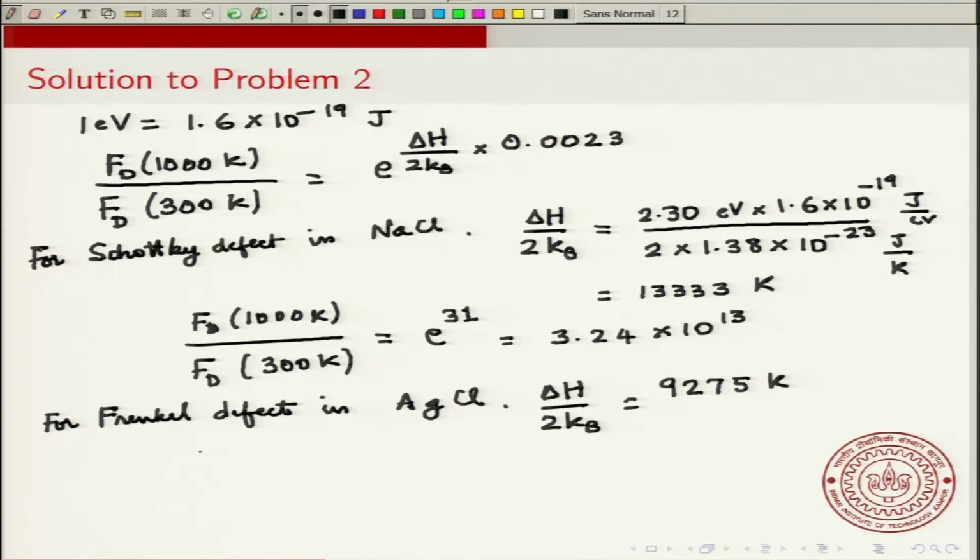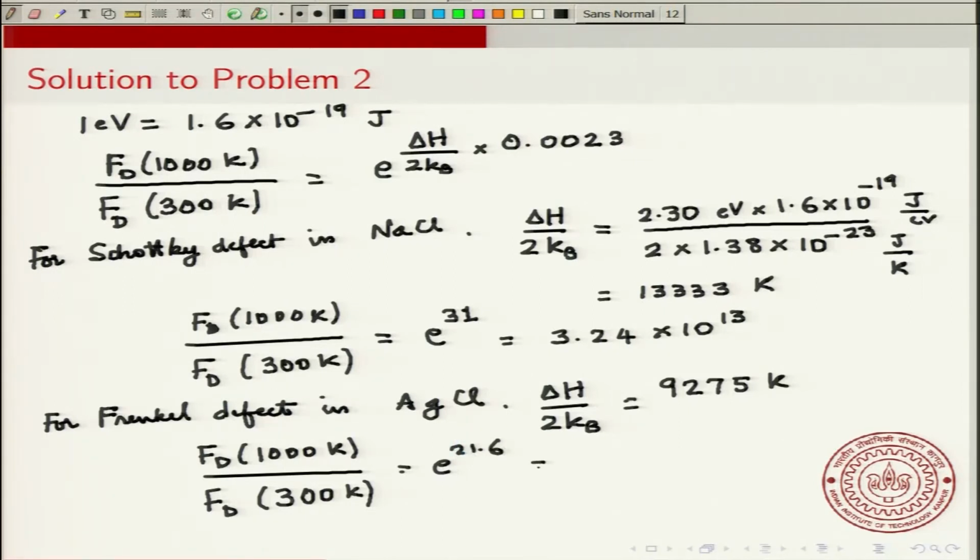And now the fraction Fd at 1000 Kelvin to Fd at 300 Kelvin is about e to the 21.6, which is 2.5 into 10 power 9. Again there is a large increase in the number of defects with temperature.